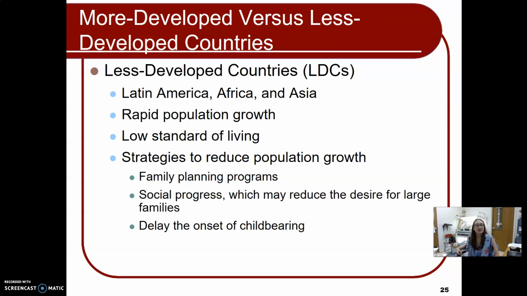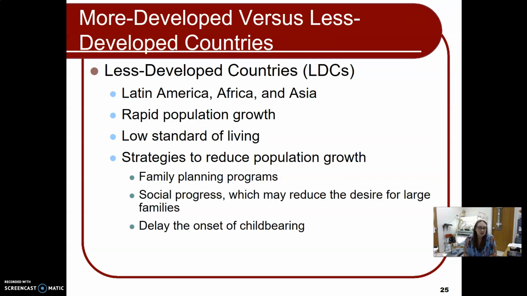And their strategies are to reduce population growth. China was actually growing so rapidly that they instituted rewards to families that only had one child. And there were financial consequences and whatnot if you had more than one child.